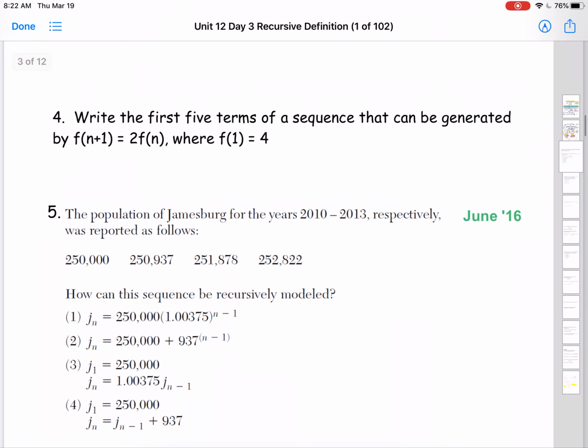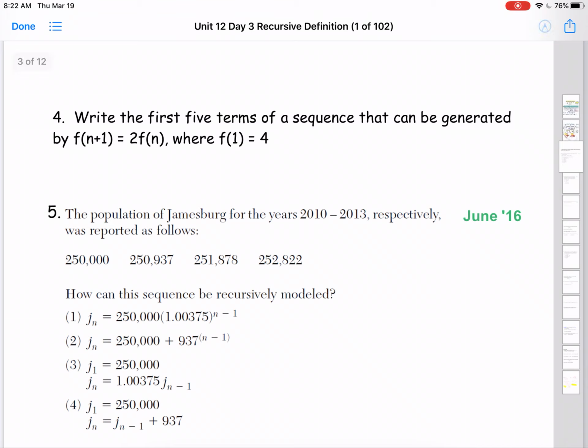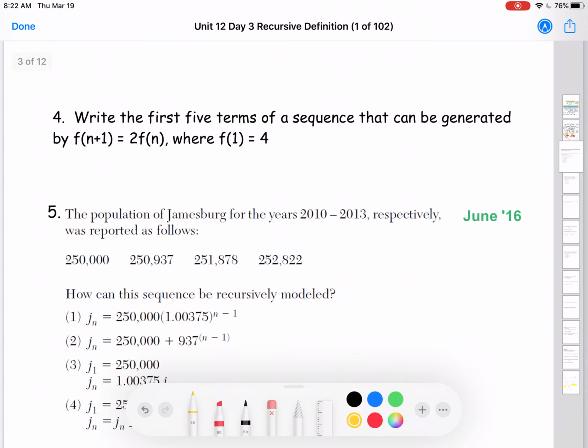All right, now they're going to use n+1. So let's go back to our number line. If I were to make a number line, here's n+1, and here's n-1.